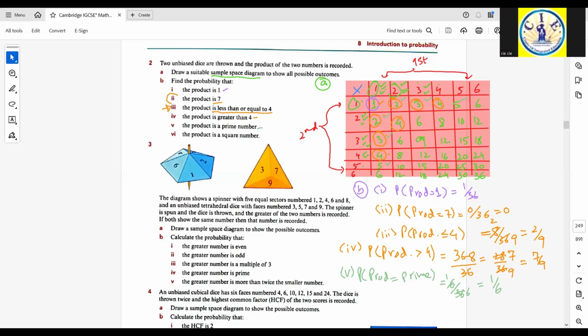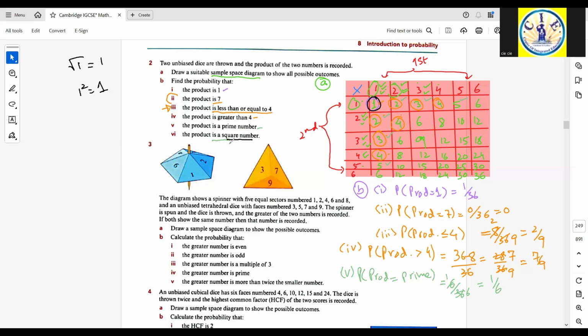Okay. Now for the sixth part, the product is a square number. Which of these numbers are square? One is a square number. Square root of one is a whole number, an integer. Or you can say that one squared is one.